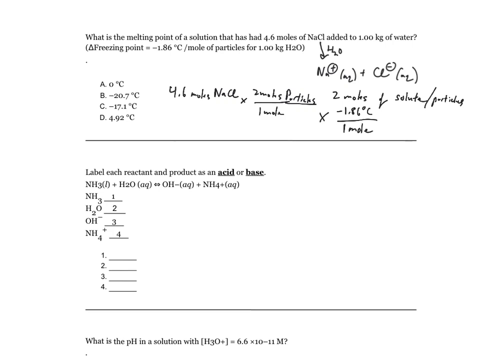We've got 1 kilogram of water, so we don't have to do anything with that. And if you do that math correctly, you should get a temperature decrease. The new freezing point of that solution is minus 17.1 degrees Celsius.